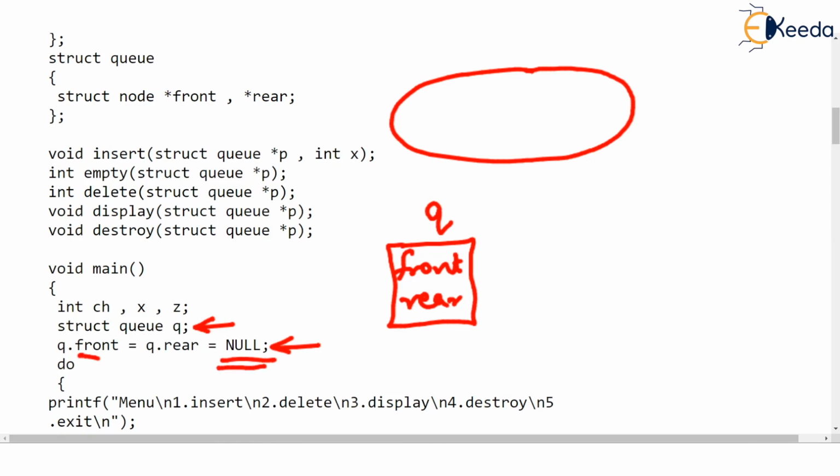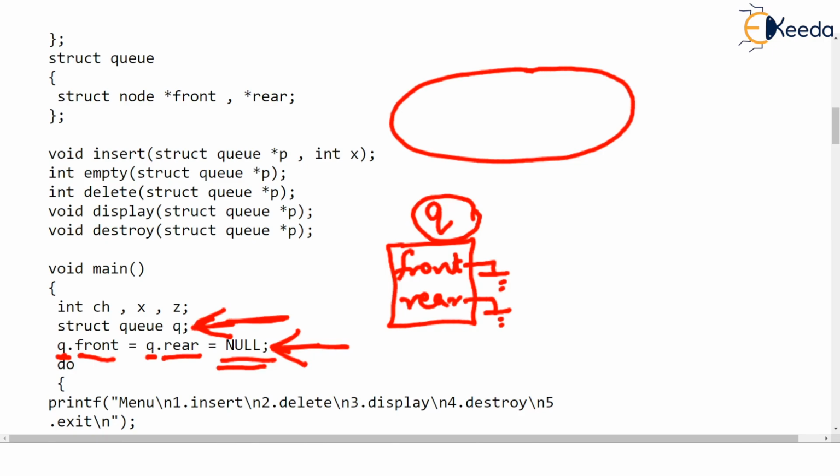So q.front is null and q.rear is null. By the way, the earlier line is declaring, or creating, a new queue in the memory, and this line is initializing the queue to tell that the queue is currently empty.